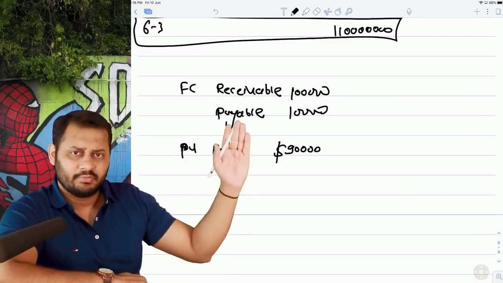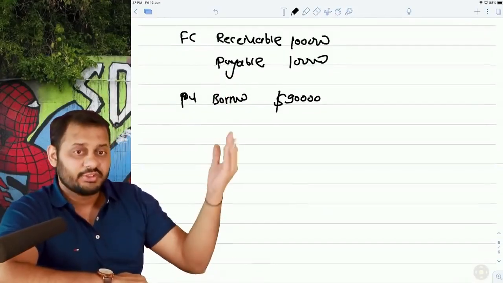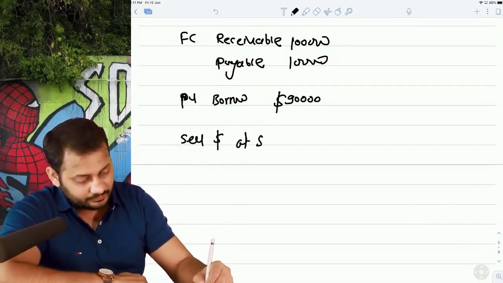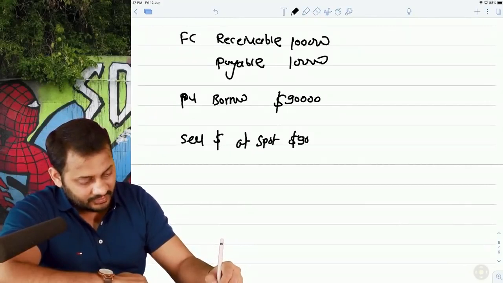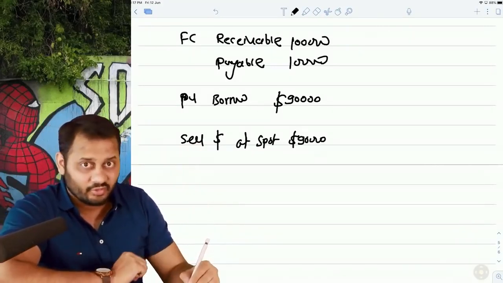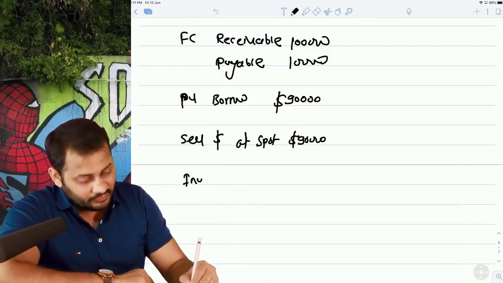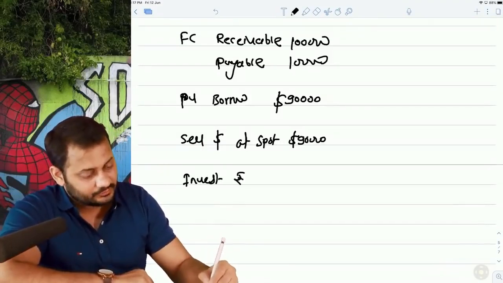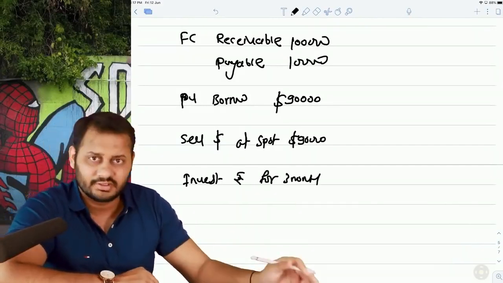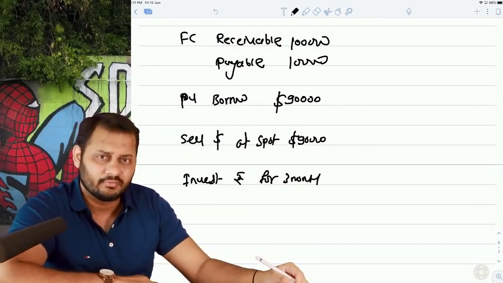Tomorrow you will have a payable with interest. Once you have borrowed dollars in India, you will sell that dollar at spot and receive rupees, and then you will invest that rupees for, let's say, 3 months. Whatever it is, 10 crore rupees or 1 crore rupees.